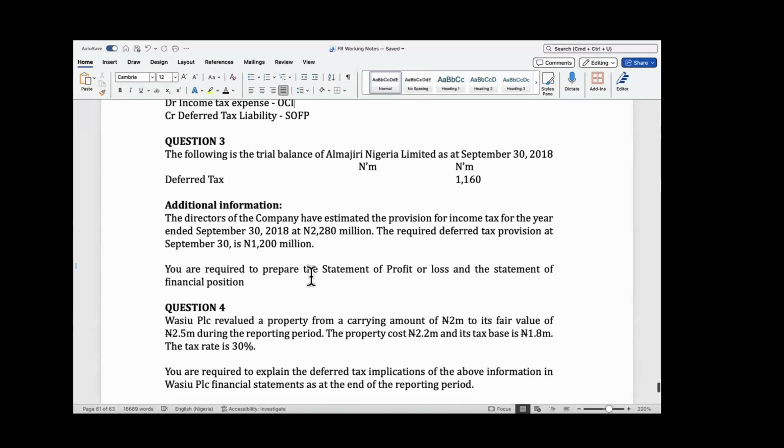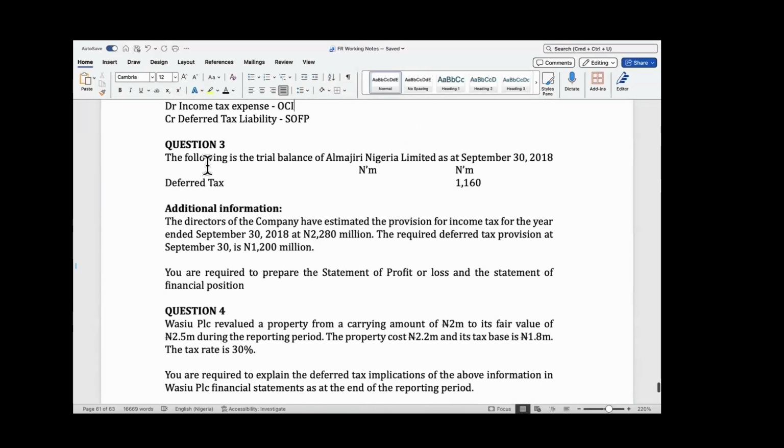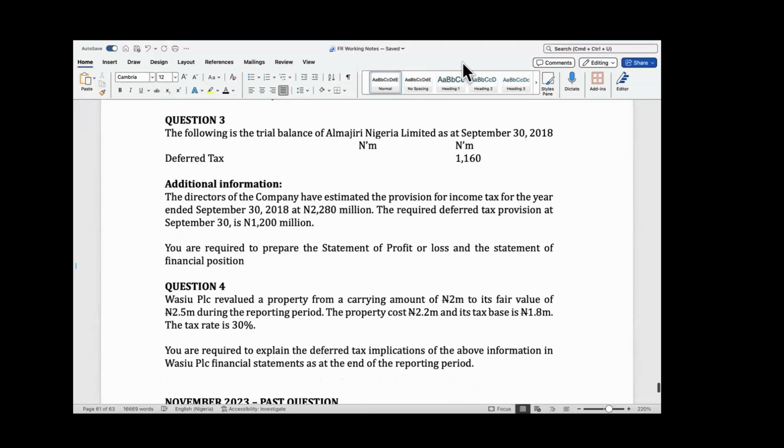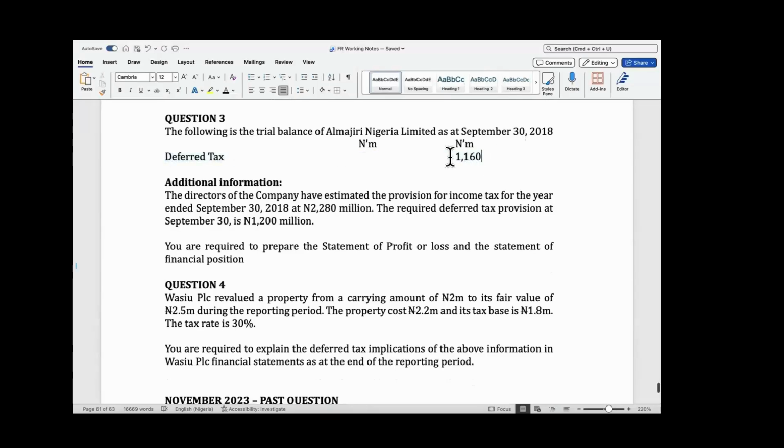Okay, let's solve question 3. This is also a past question. All of these are actually past questions that I'm extracting. So this one, they gave us a trial balance, with deferred tax on the trial balance. We're now given additional information.